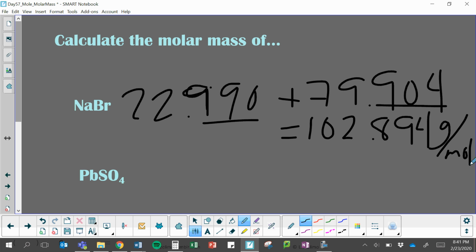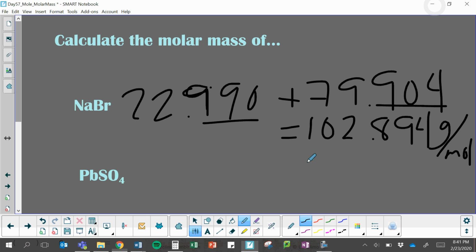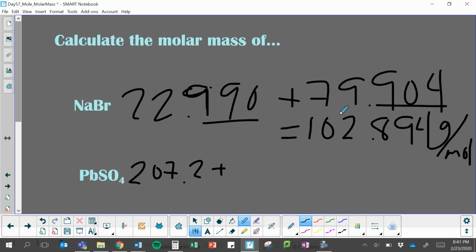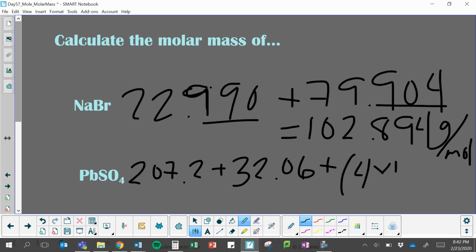Now this next one has 3 elements, so we do it the exact same way. We just add up all 3. So lead is here, 207.2, plus our sulfur, which is here, 32.06, plus, and remember we have 4 of our oxygen, so we have to do 4 times oxygen, which is 15.999.